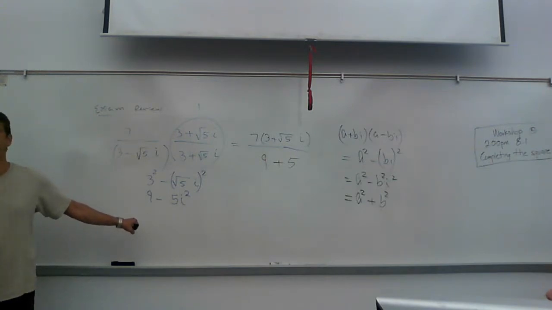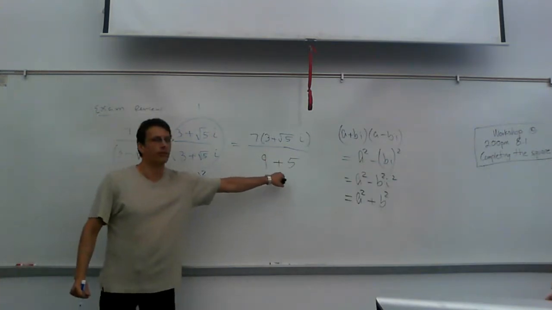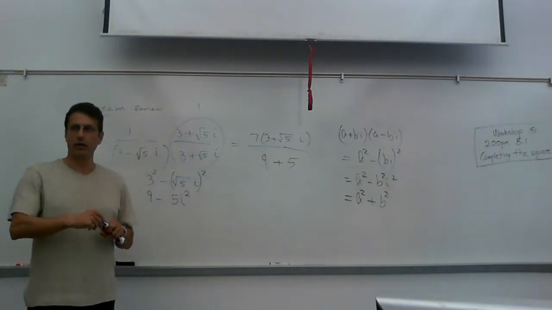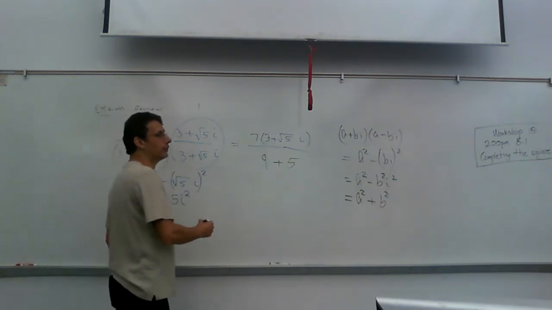And i squared was what? Negative 1, therefore plus 5. Okay? Now, what is the denominator equal to, everybody?